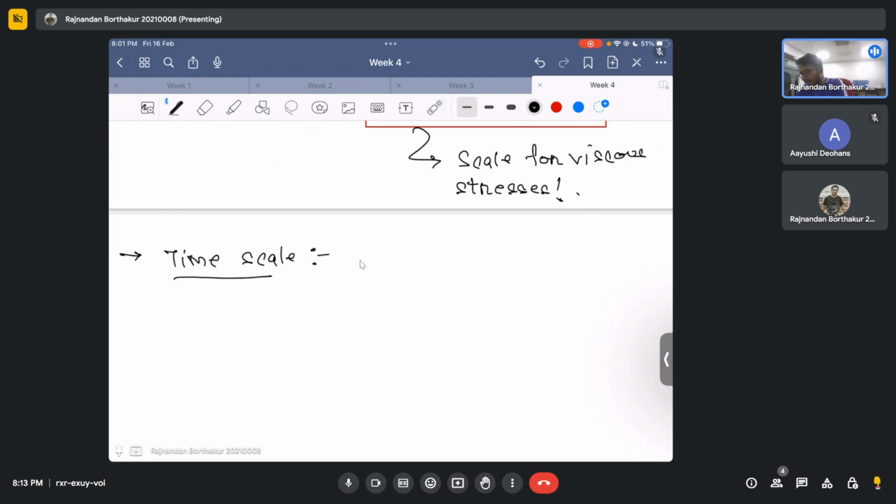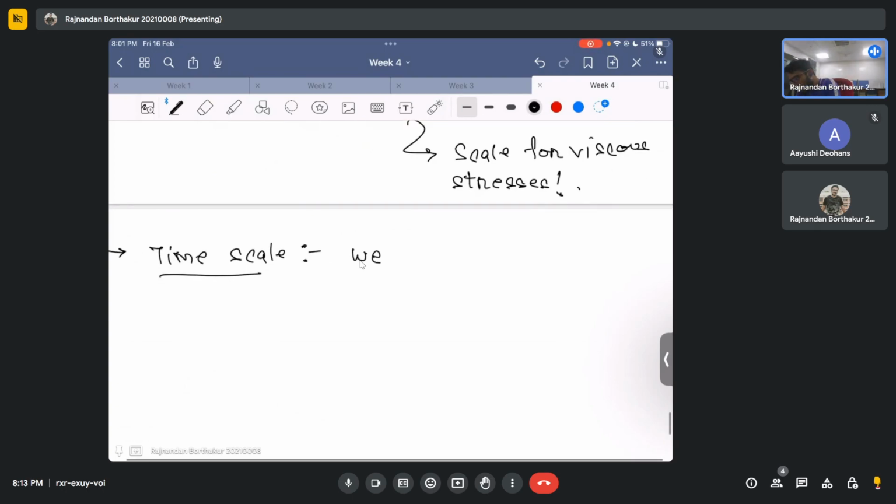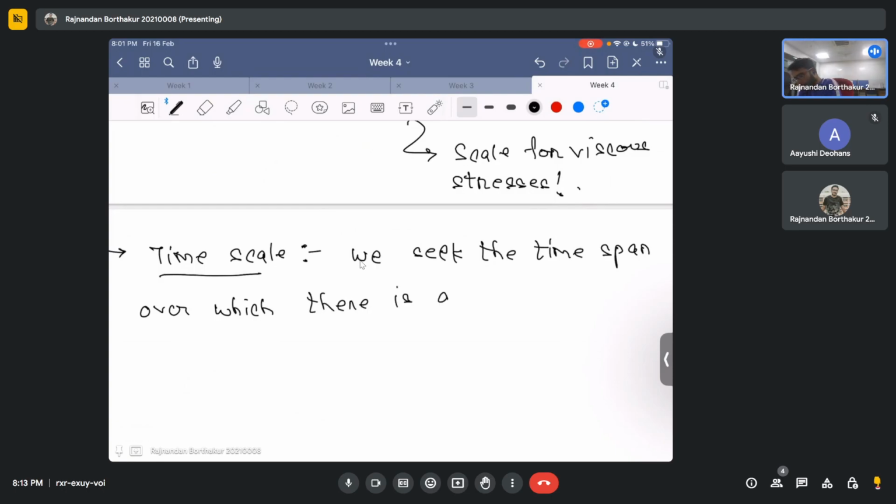So the choice of time scale, in context to the fluid mechanics problem, is that we seek the time span over which there is a considerable change in velocity.